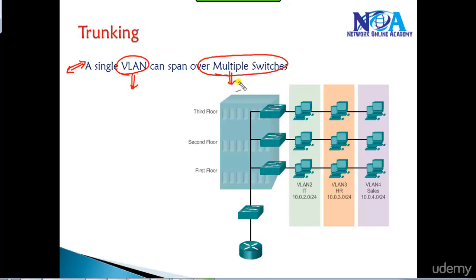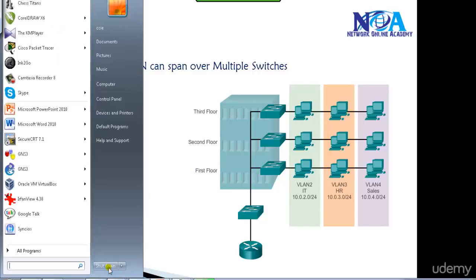That means there is a possibility that in your production network you have some users of the IT department sitting on the ground floor, maybe on the first floor, some users on the second floor, and some users of the IT department on the third floor. Now connecting everyone to the same switch physically is not possible, right?